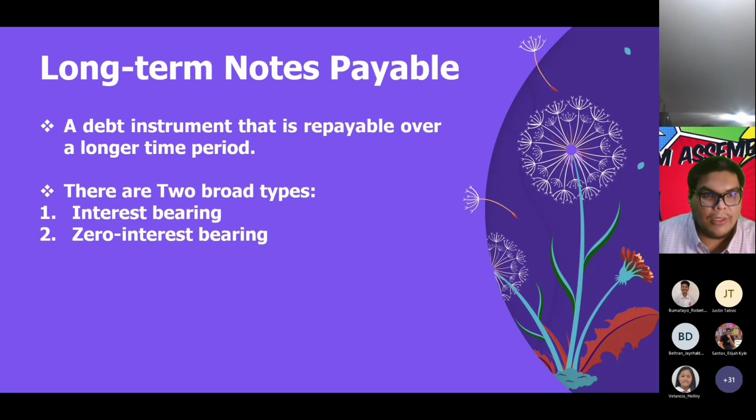So long-term notes payable, on the other hand, it's a debt instrument that is repayable over a longer time period. Mas matagal lang siya. Imbis na 1 year lang, 3 years, 5 years. Basta beyond 1 year. And there are two broad types: the interest-bearing and the zero interest-bearing. Medyo pang-college yung dating nitong dalawa.